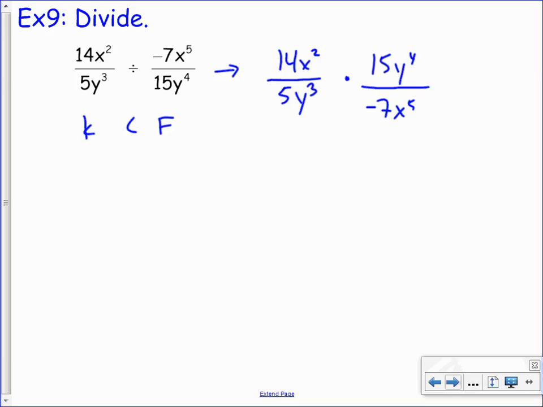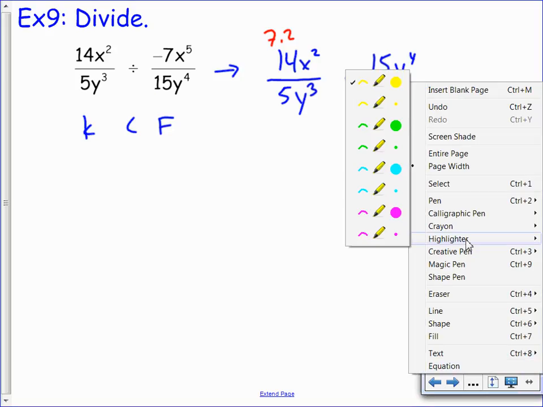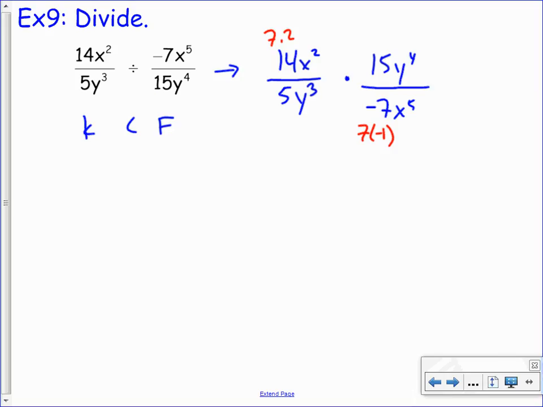Do you agree that 14 is just 7 times 2? It's true. And then 7 is 7 times negative 1. So we cancel out 7.